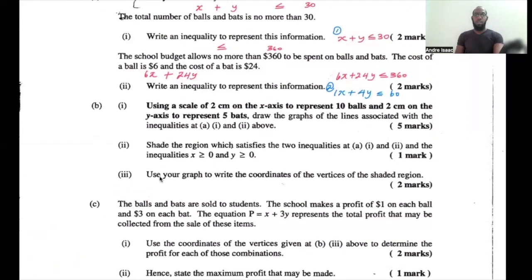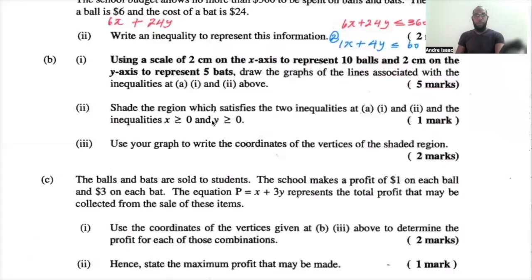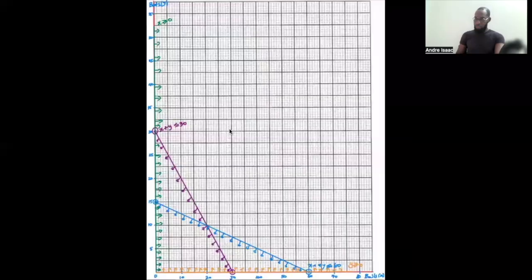So they said shade the region that will satisfy the two inequalities. So let's deal with that. Shade the region that will satisfy the two inequalities from 1 and 2 part A, and inequalities x is more than or equal to 0 and y more than or equal to 0. So the shaded region we're looking for is when all the lines intersect. So all the colors intersect.